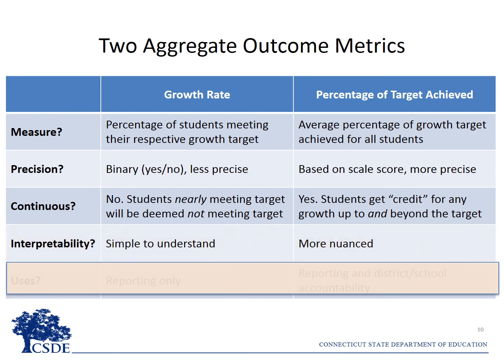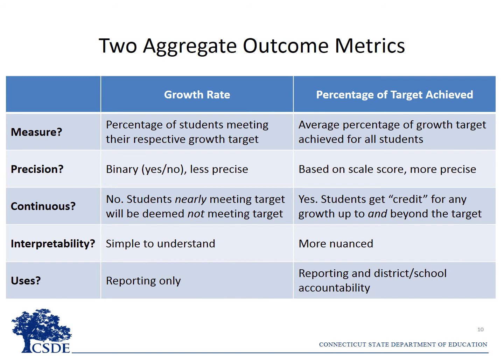The growth rate is simpler to understand, while the percentage of target achieved is a bit more nuanced. We will report both measures, but will include the more precise average percentage of target achieved in the district and school accountability model.